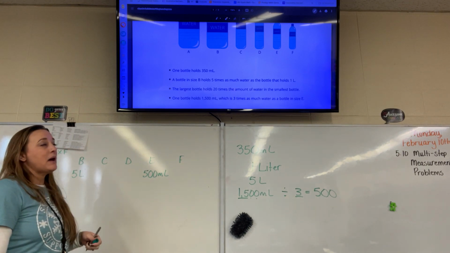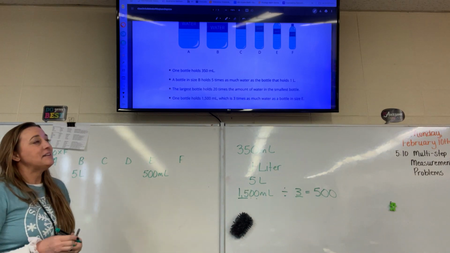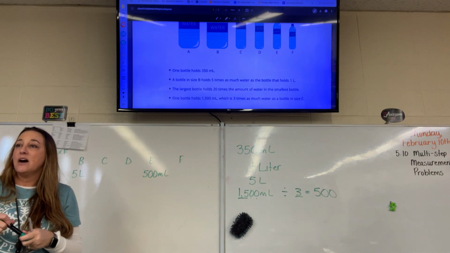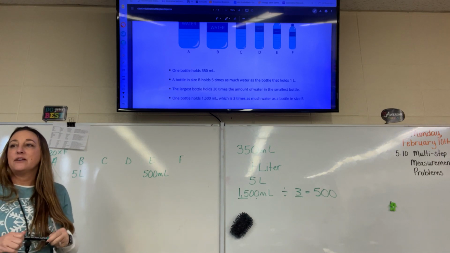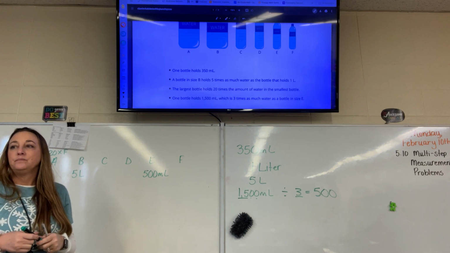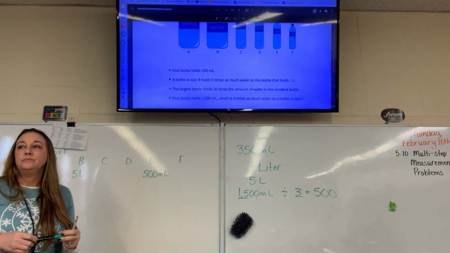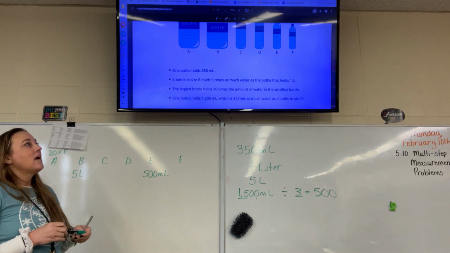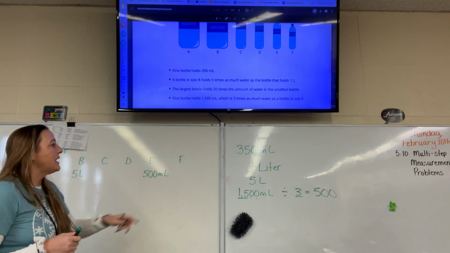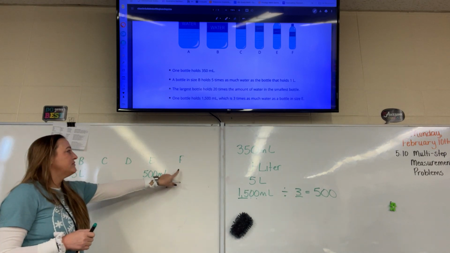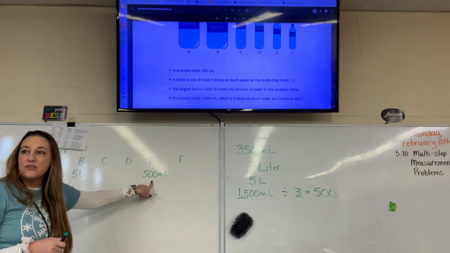Do we know which bottle has 350 if E has 500? Which bottle has 350? C. Wait. It's going to be F, guys, because 350 is smaller than 500.